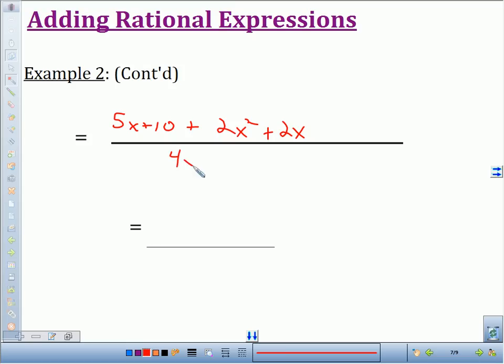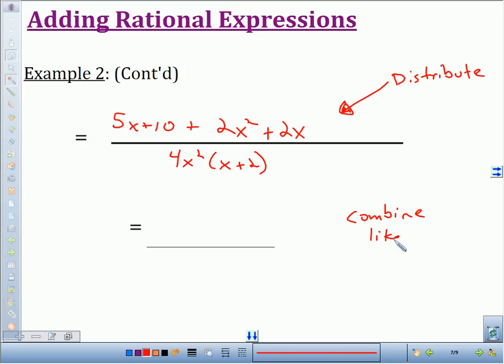And all of that is over my common denominator. I just did distribution. I had to distribute all of my stuff and then add it all together. Now I combine like terms to get myself a final answer.